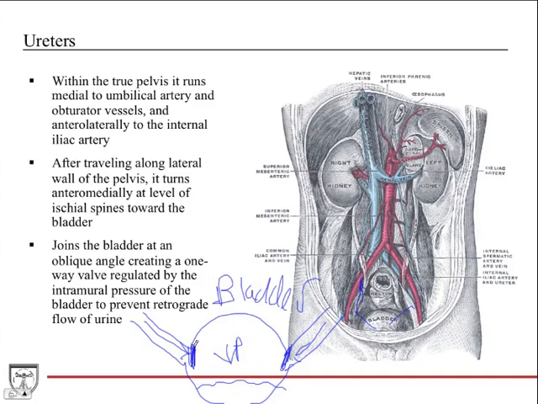Now, as the bladder gets more full and the pressure goes up, there's some resistance here and here, and the pressure buildup in the bladder prevents any more flow of urine into the bladder itself. By closing these valves, you also prevent any retrograde flow of urine back into the ureter.